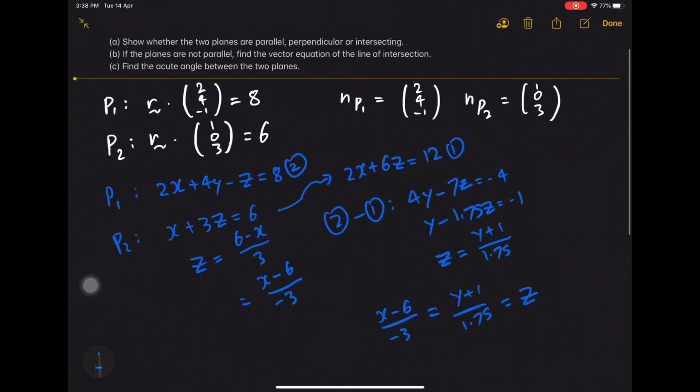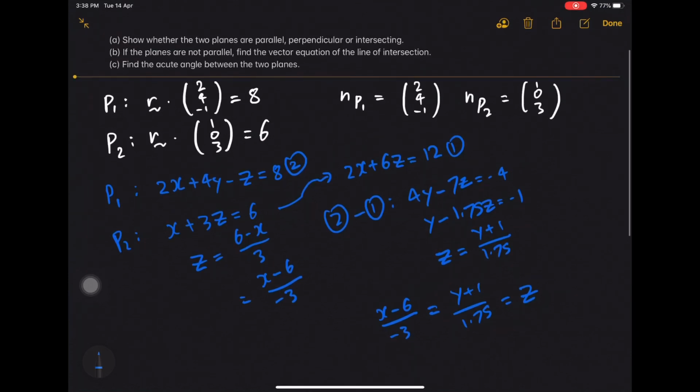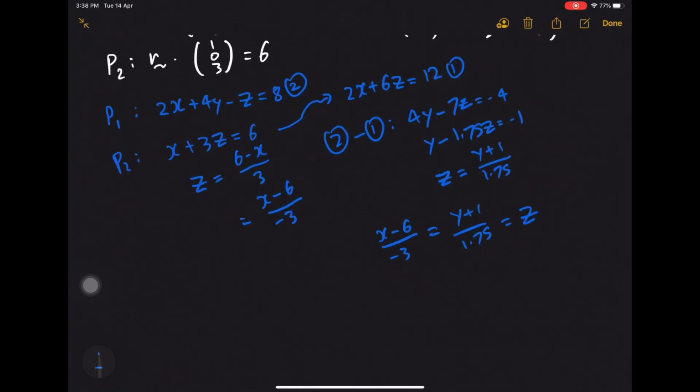Since they want the vector equation instead, we write this down: (6, -1, 0) plus a parameter times the direction vector with denominators (-3, 1.75, 1), z is over 1, so it's 1 there. And there you go, you have your vector equation for the line of intersection between the two planes.